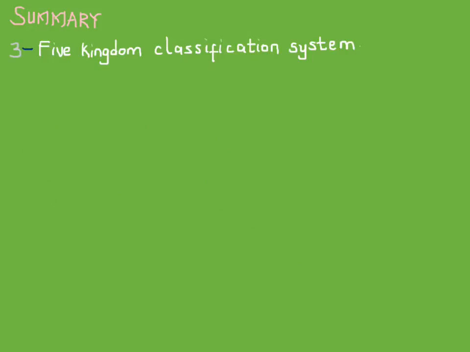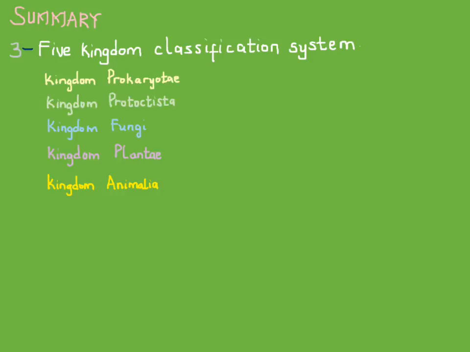Next, we saw that living organisms are classified into 5 major kingdoms: Kingdom Prokaryote, Kingdom Protoctista, Kingdom Fungi, Kingdom Plantae, and Kingdom Animalia.